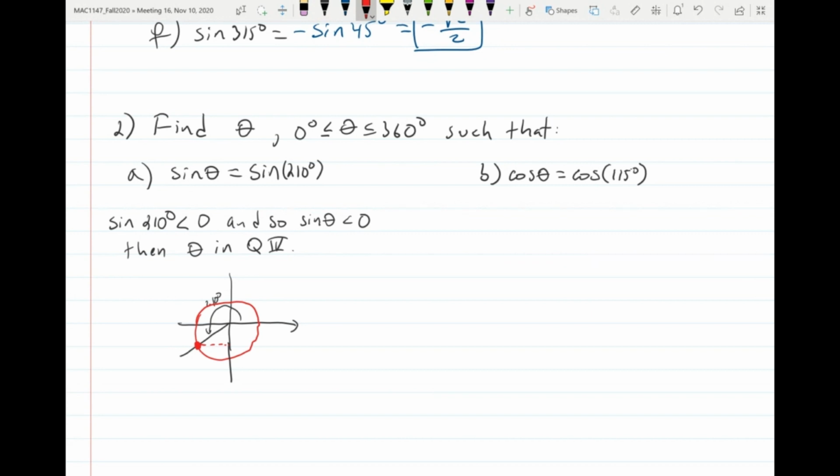What other point on the unit circle do you know that has the same y value? Because that's what it means to have the same sine. Well, go here. This is the other point on the unit circle that has the same y value. So this point, whatever this Q is, is the one that is going to give you the angle that we're looking for. Do you guys understand this?